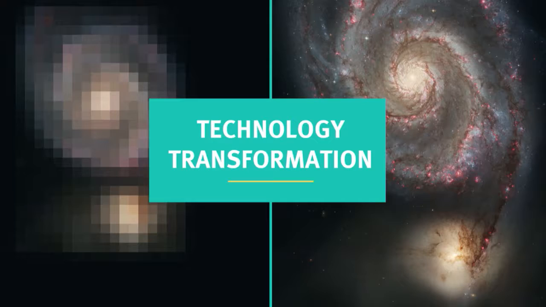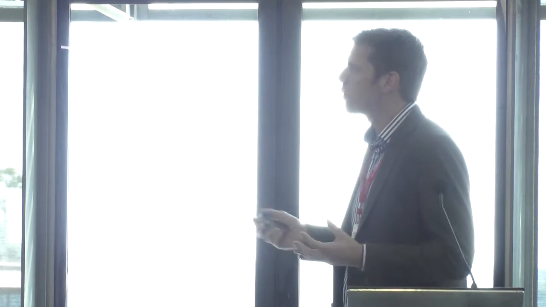What is happening today in all aspects of our lives, in business and in science, is a profound technological transformation. Scientific breakthroughs in recent years have made it possible for us to have many more devices around us, devices that record, store and collect data at a much higher rate and at a much higher precision than ever before.